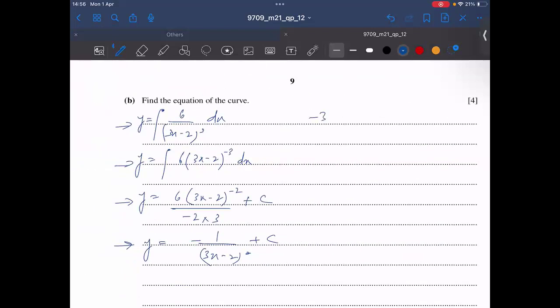So minus 1 divided by (3 minus 2) is 1, whole square is 1. Minus 1 over 1 is minus 1. So c is equal to minus 2. So we're going to have y equals minus 1 over (3x minus 2) whole square minus 2.